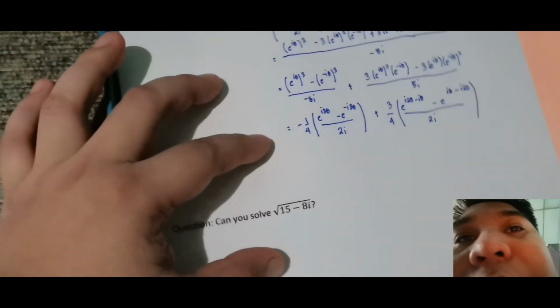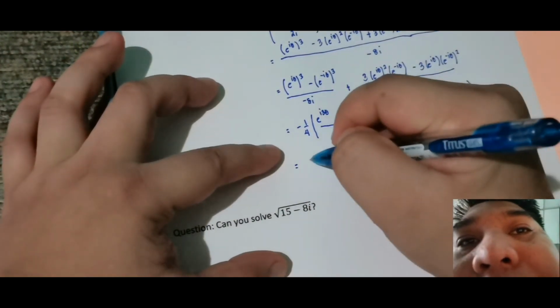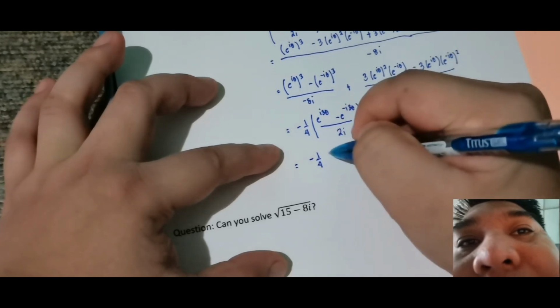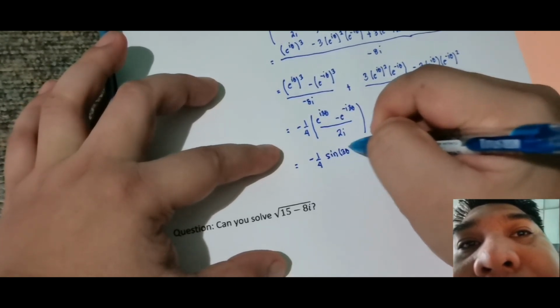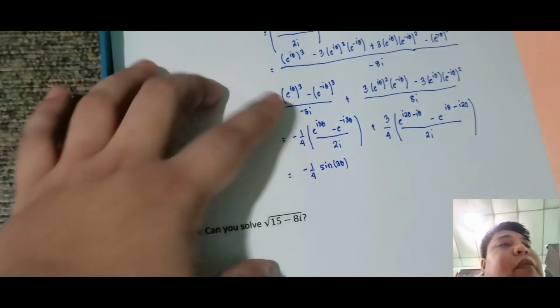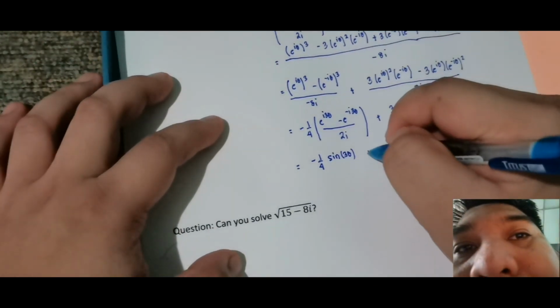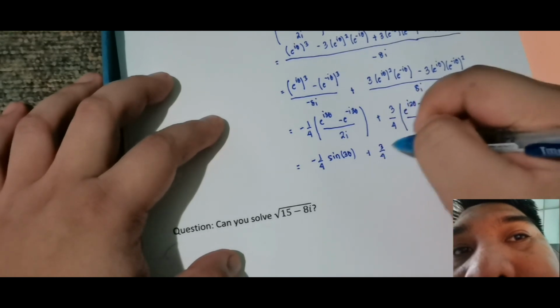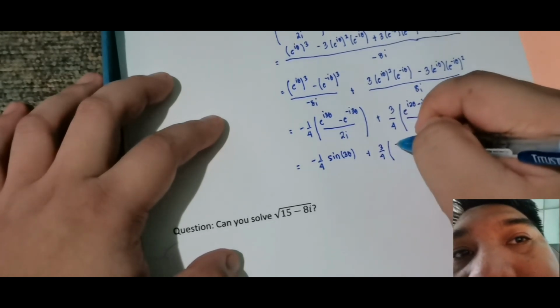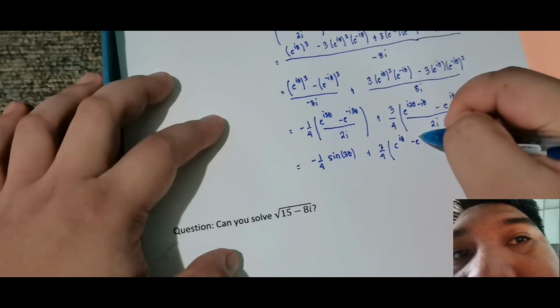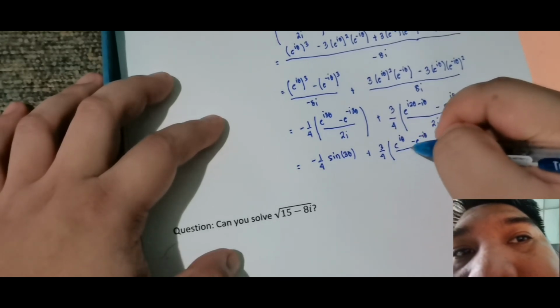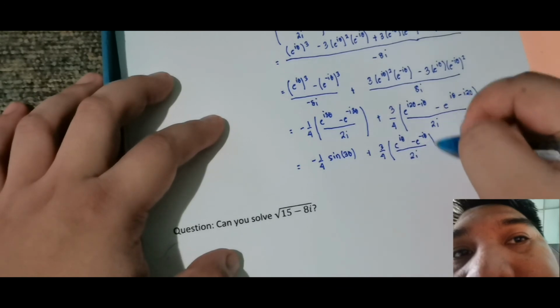Okay, lastly, this is equivalent to negative 1/4. We can transform using Euler's identity. This is sin 3 theta, because 3 theta is what is on top. Okay, then this is plus 3/4, then this is e raised to i theta minus e raised to negative i theta all over 2i.